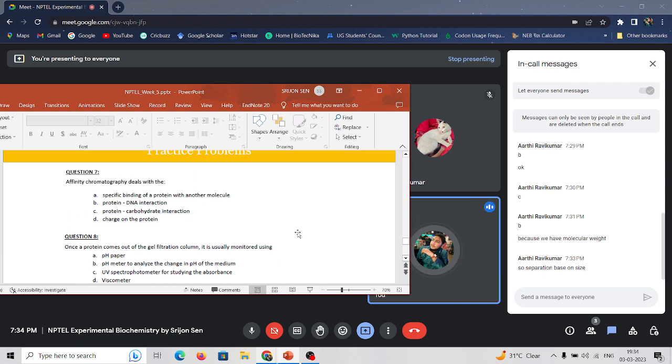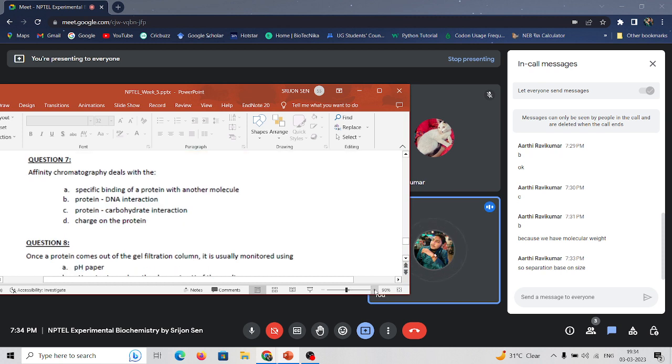So affinity chromatography deals with the specific binding of a protein with another molecule, like protein DNA interaction, protein carbohydrate interaction, or charge of the protein. It's a very easy answer, affinity chromatography.